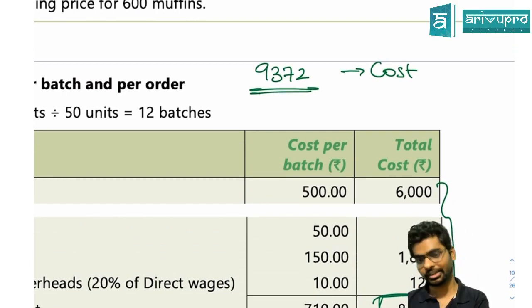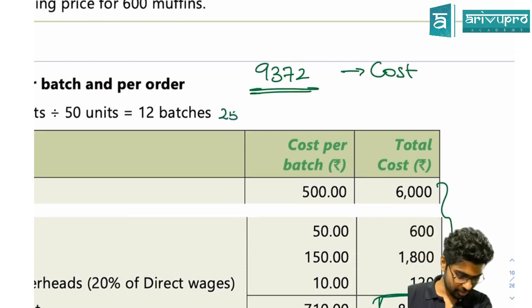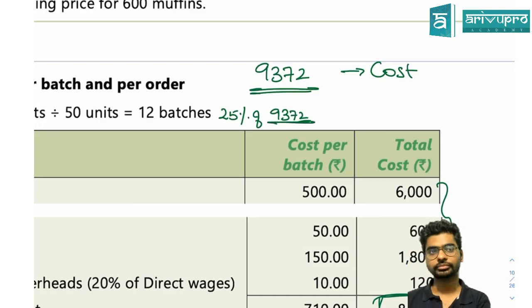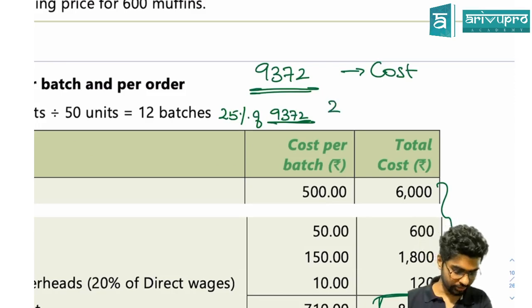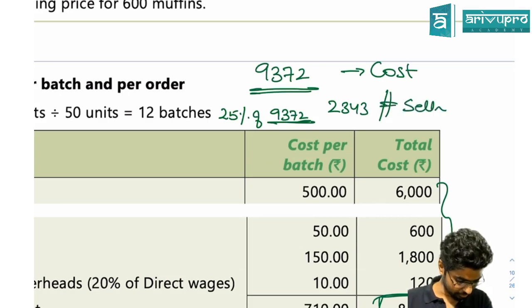What were you doing? You are just taking 25% of 9372. How much does it come to? 25% of 9372 is 2343. That would have become my selling price. That is 9372 plus 2343.